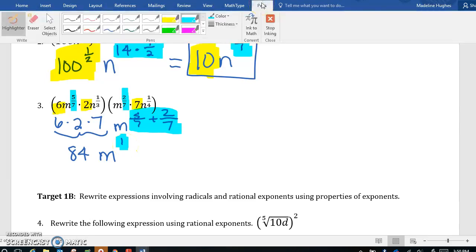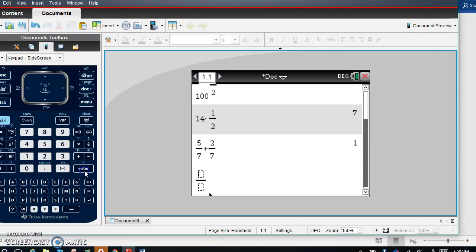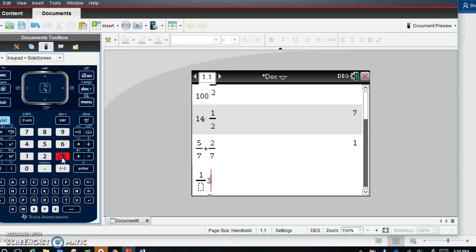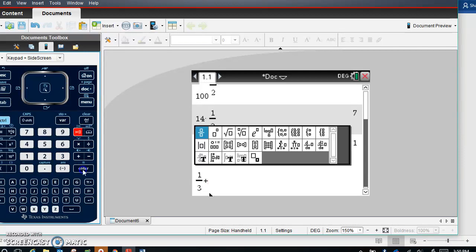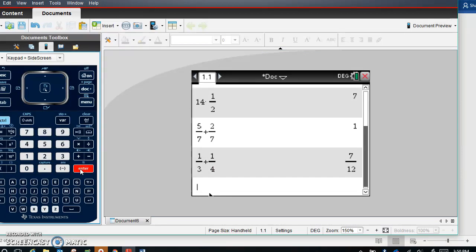And then lastly, we're going to do the same thing for the n's. So n, and I'll highlight those exponents in green. So 1/3 and 1/4. And we're going to add those. So 1/3 plus 1/4. So back to our calculator. Fraction, 1/3, plus fraction button 1/4, enter, 7/12.